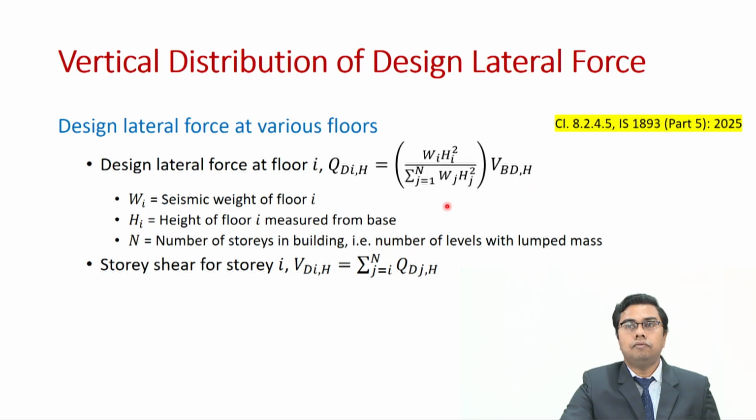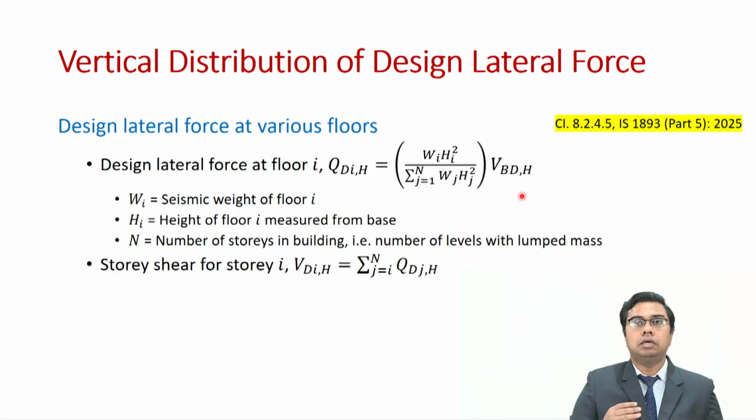It will be more clear when we implement these expressions in a worked out example problem in the upcoming class. Once we have the design lateral force at different floor levels, then we can find the story shear. How will we be able to find the story shear?